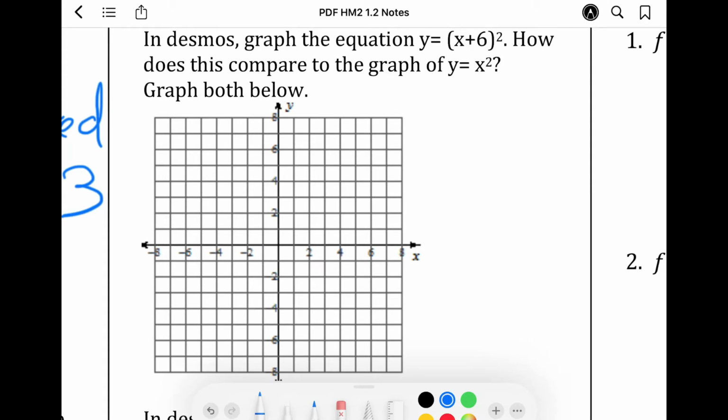So in this case, we are looking at y equals parentheses x plus 6 squared. So parent function. And then the new graph is going to be here. You can use Desmos to graph this.